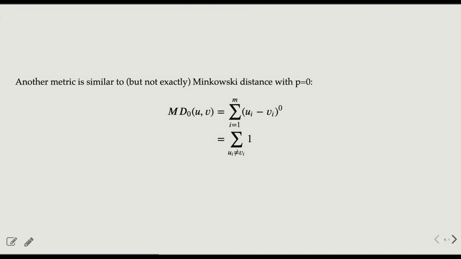Now, another metric that is kind of similar to the Minkowski distance with p equal to 0, but not exactly the same, is called the edit distance. It's basically taking each dimension as a binary variable.